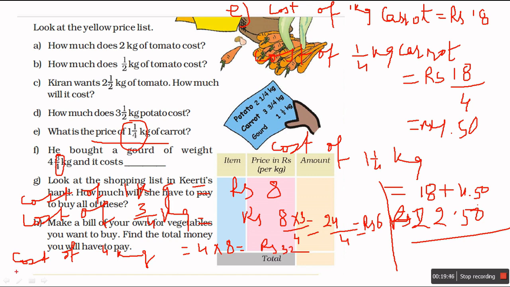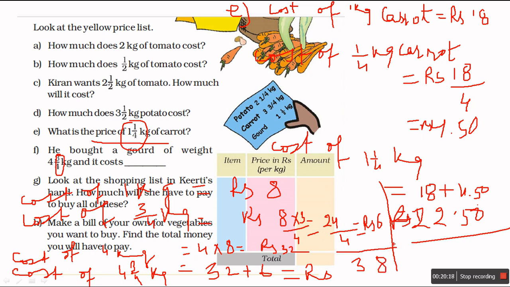So now I can calculate cost of 4 and 3 quarter kg of curd. 32 plus 6, because cost of 3 quarter is 6 and cost of 4 kg is 32. So total becomes rupees 38. Okay, so in this way we can solve this question.